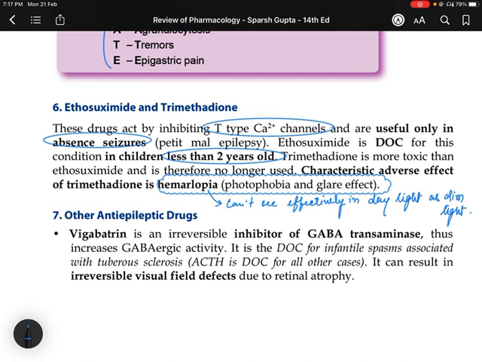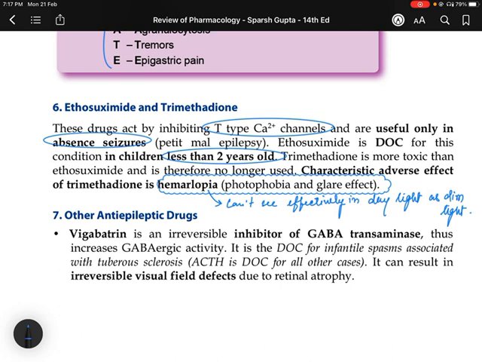Vigabatrin inhibits the GABA transaminase. Therefore, it actually inhibits the metabolism of GABA. So it inhibits the GABA transaminase, thus the GABA is not metabolized and it increases the activity of GABA.